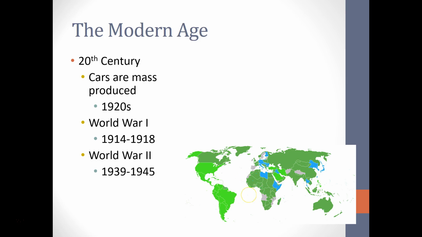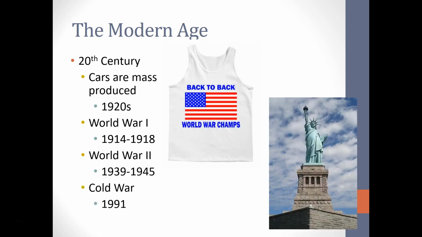We can guess, again, who won this war. But after this, the biggest thing is the U.S. becomes a world power. And the Cold War is next, which is ending in 1991. It was the United States and Soviet Union, and we were the two big powers in the entire world. So the Cold War was not cold, nor really a war. It was just a war of words.